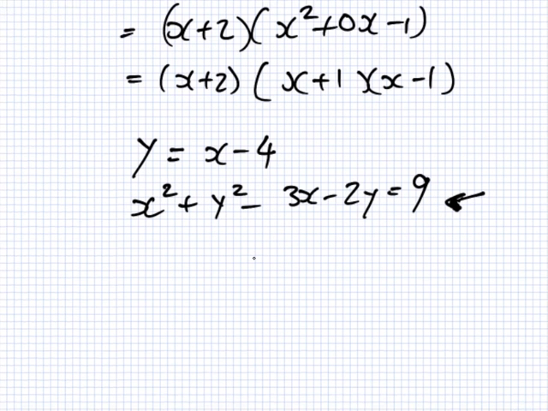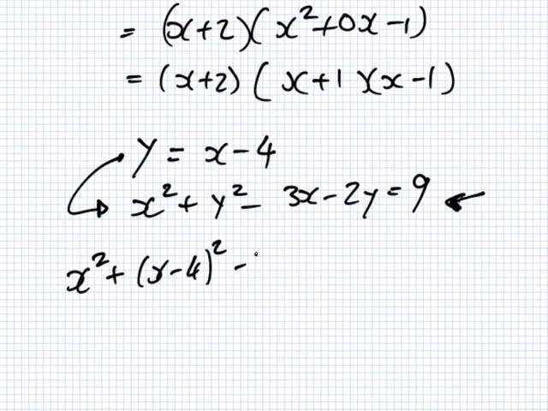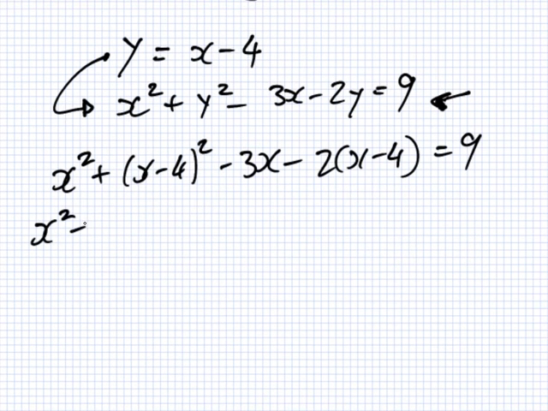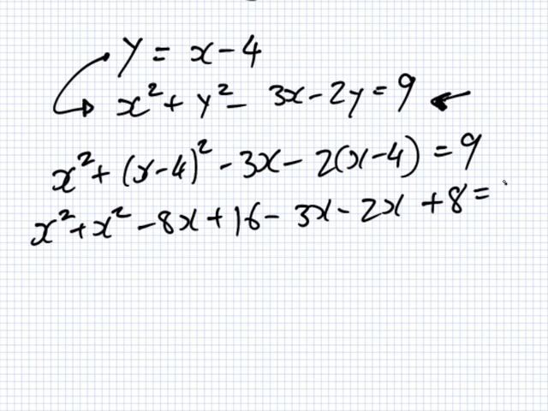Anyways, what would be the best way to solve this? Yeah, at least it gave me the y, so that goes in. x squared plus (x minus 4) squared minus 3x minus 2(x minus 4) equals 9. x squared plus x squared minus 8x plus 16 minus 3x minus 2x plus 8 equals 9. 2x squared minus 13x plus 24 minus 9, plus 15.